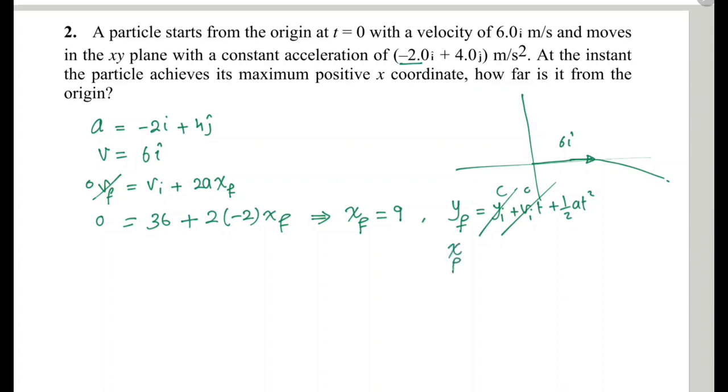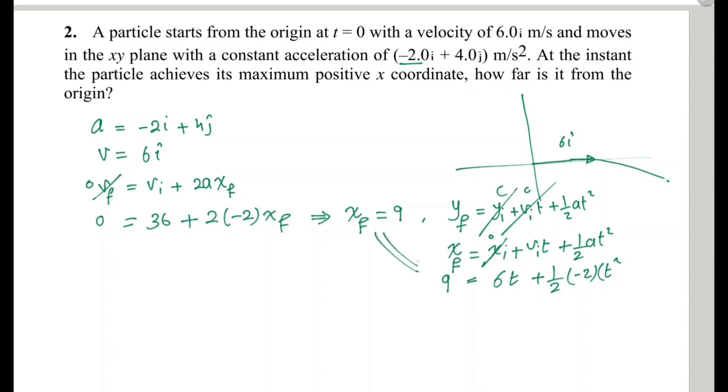So x final equals x initial plus v initial t plus half a t square, and this is 0 right here, so it's equal to 6t plus half times minus 2 times t square, all equal to 9.